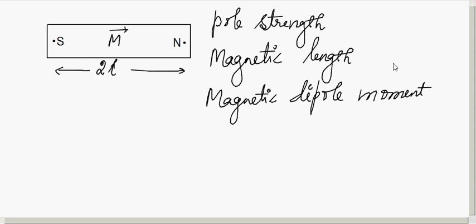First, pole strength. The pole strength of a bar magnet is denoted by m. Simply, a magnetic dipole is an arrangement of two magnetic poles of equal and opposite strength separated by a small distance. So I can call this a magnetic dipole.